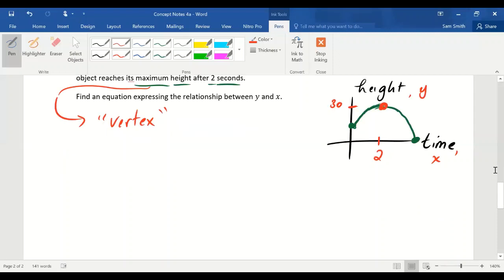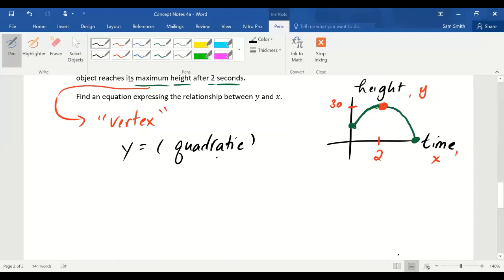So here's the question. Based on this data, can we find an equation that expresses the relationship between x and y? Now, since this relationship is quadratic, we have a couple of different options. We could try and write this quadratic equation in standard form.